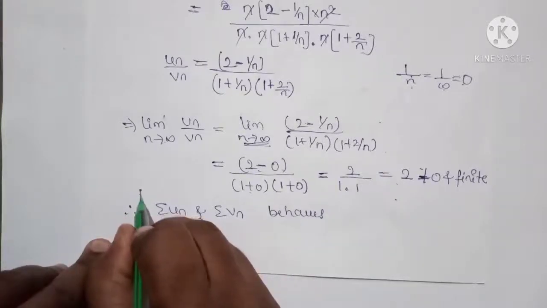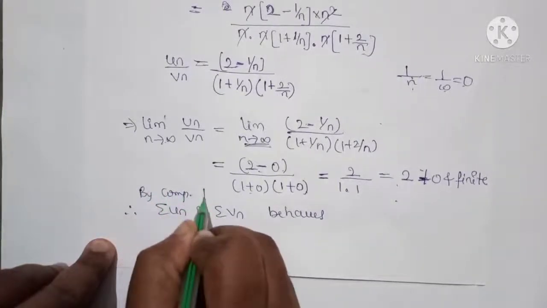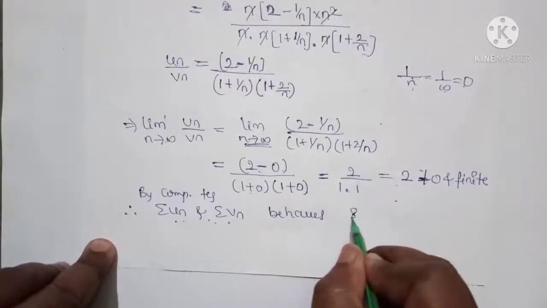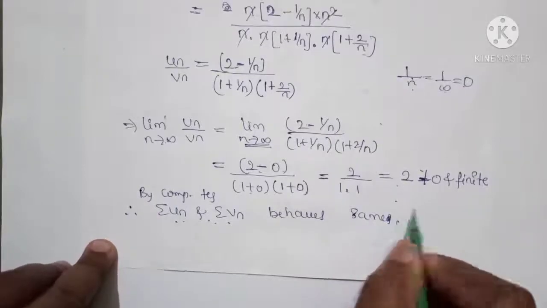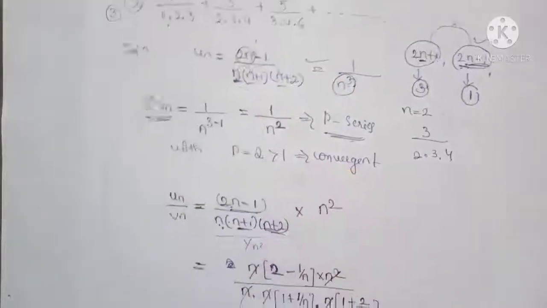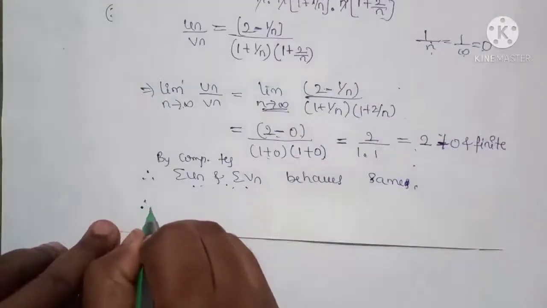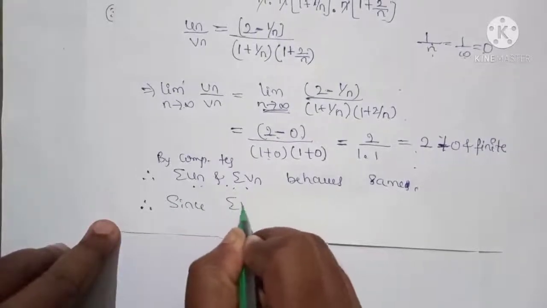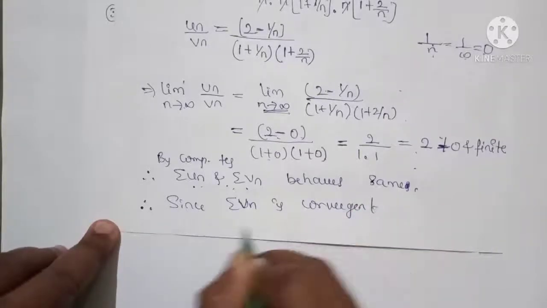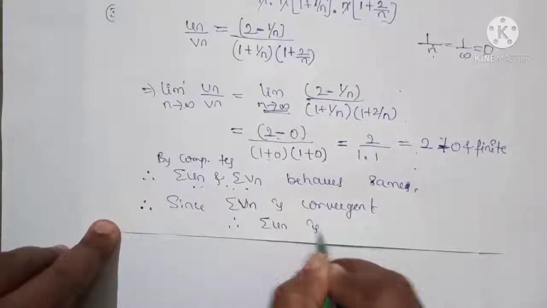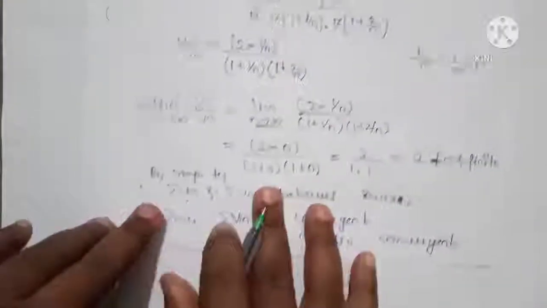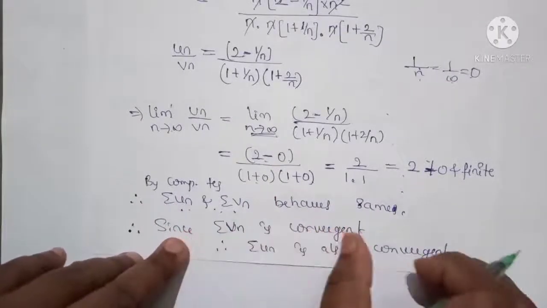So summation un and vn behave the same. Since we have already tested the nature of this summation vn, which is convergent, therefore we can write: since summation vn is convergent, therefore summation un is also convergent, right? Or else you can test the summation vn, this series here itself, here also.